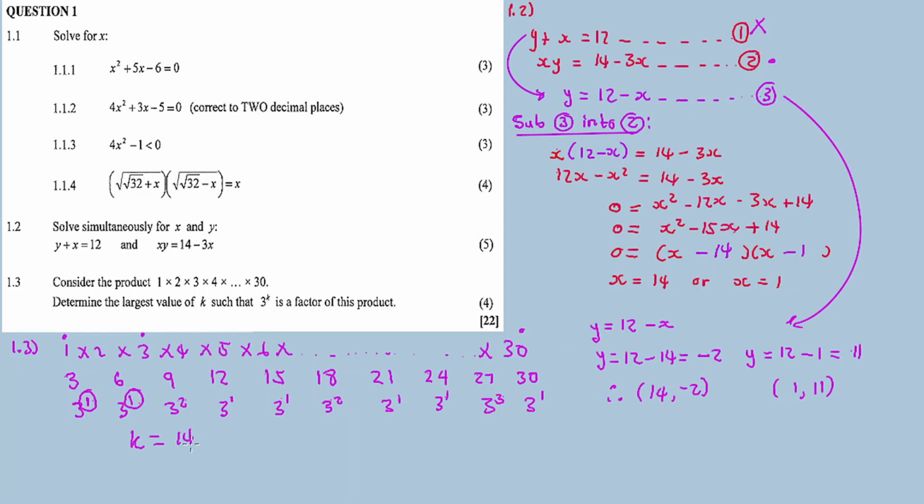This k equal to 14 simply means that the product of 1, 2, 3, 4, 5, 6 all the way up to 30 is the same as 3 raised to exponent 14 times the rest. Instead of writing this product like this, you can write it this way. So our answer is k equals 14 for 1.3.